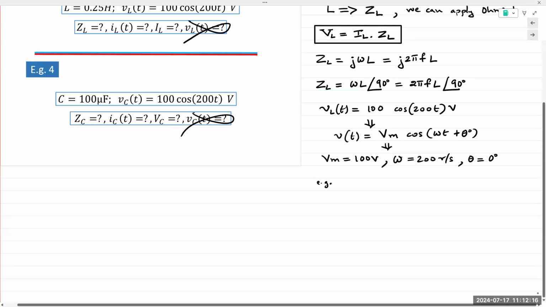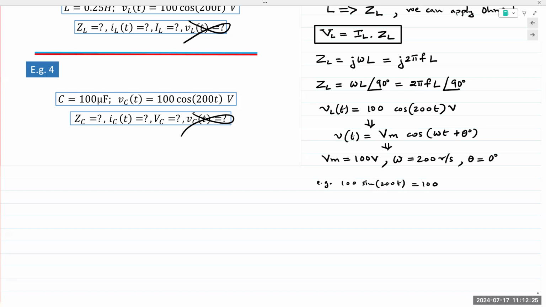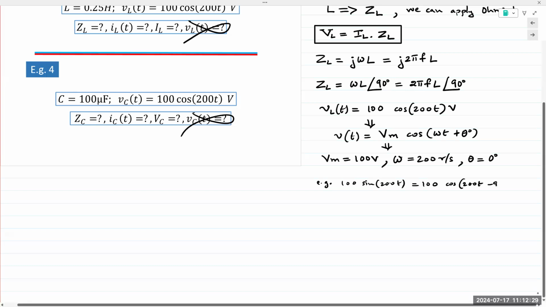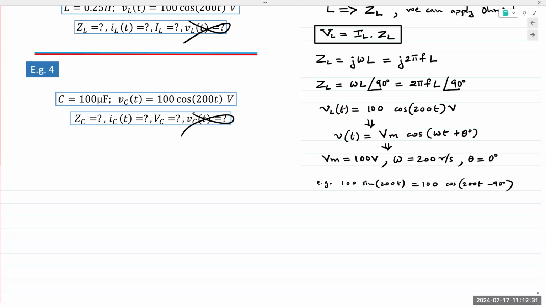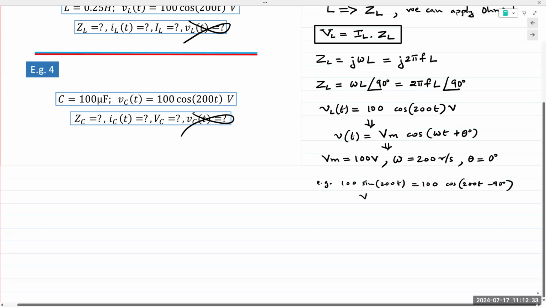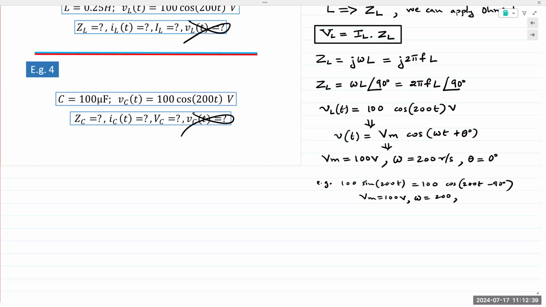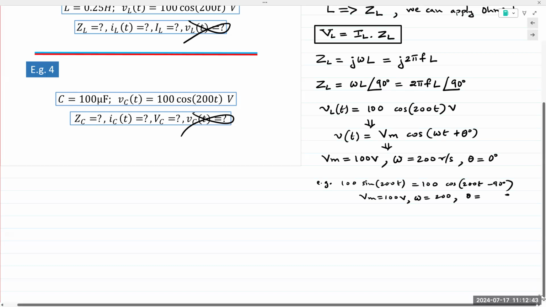Now this example within an example: if this expression was 100 sine 200t, I would convert it into cosine first. So it would become cos of 200t minus 90 degrees. And then I would compare it. So my Vm would then be 100, omega would be 200, and my theta would be minus 90.